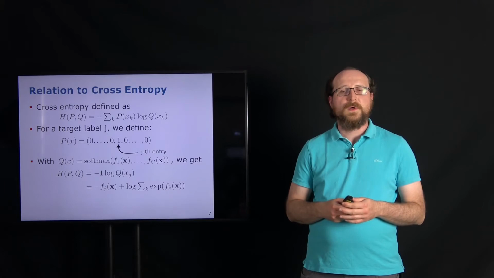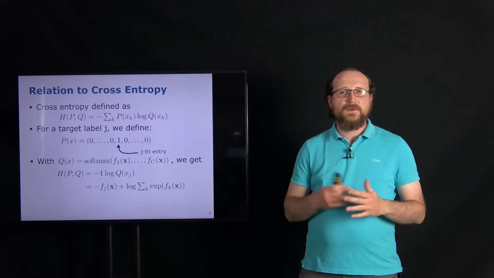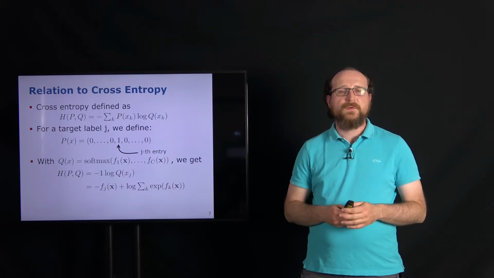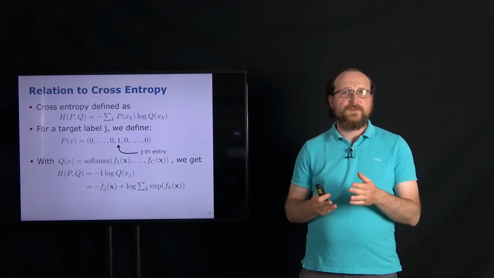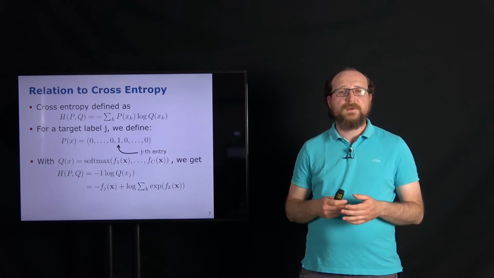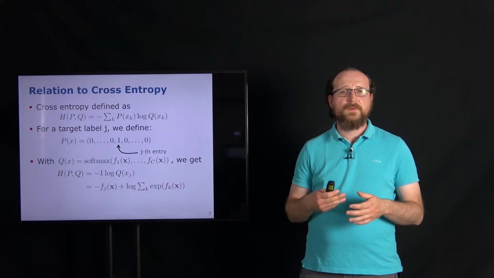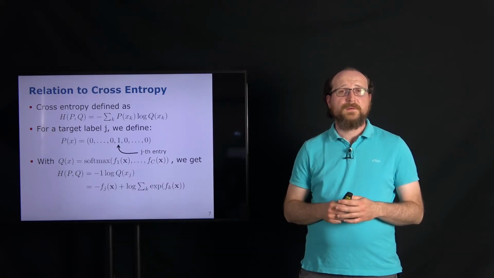So we have the softmax of F1 to Fc, and when we put this back into the definition of the cross entropy, you will see that, because we have just this one entry in the P of x, we are just getting -1 times the logarithm of Q of x, J, because this is the only part that is left. The other parts are just 0.